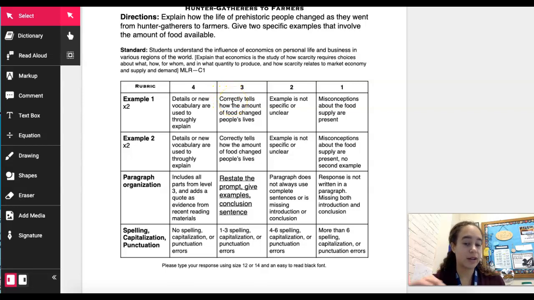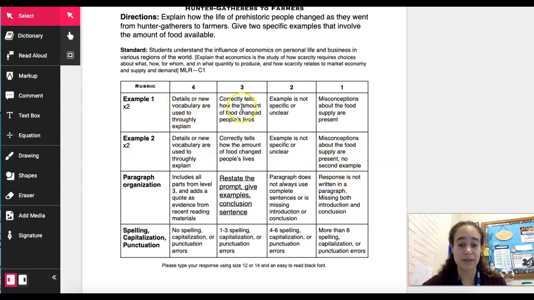If you include maybe some new vocabulary words, or you add a little bit of extra information based on the things we've read or the things we've talked about, that could be a 4. Okay, those are the ones you're aiming for on this rubric. Same thing is for example 2. So if you don't include a second example, you're down here in the 1s.